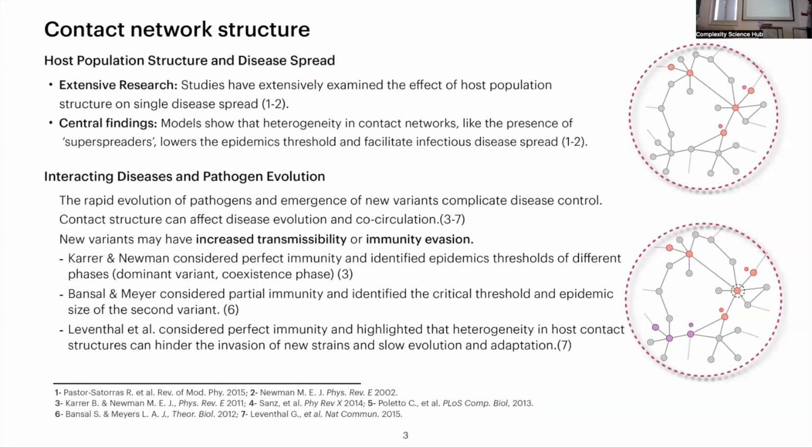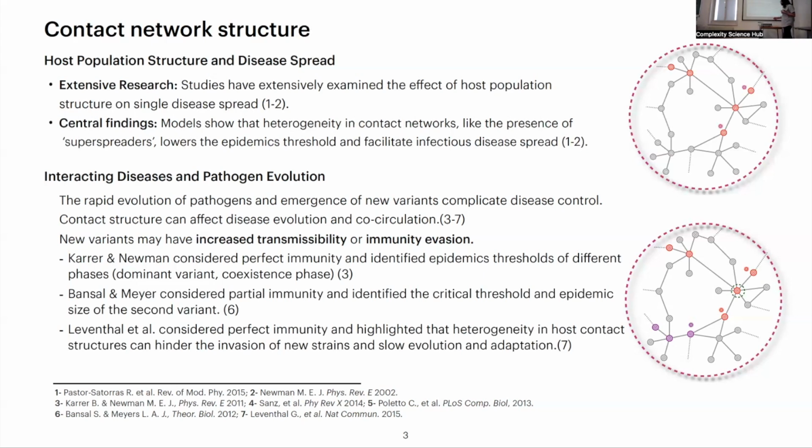With these assumptions, they identified the epidemic threshold and the different possible phases, like the dominance of one variant over the other or the coexistence phases. In another study, Gonzalo and Mayer considered partial immunity this time. And again, they identified the critical threshold and the epidemic size of the second variant.